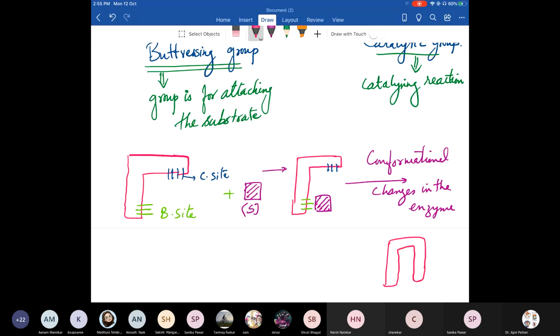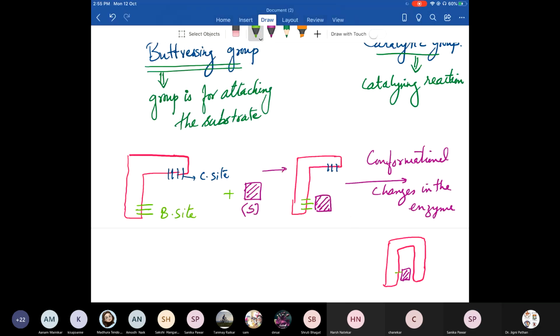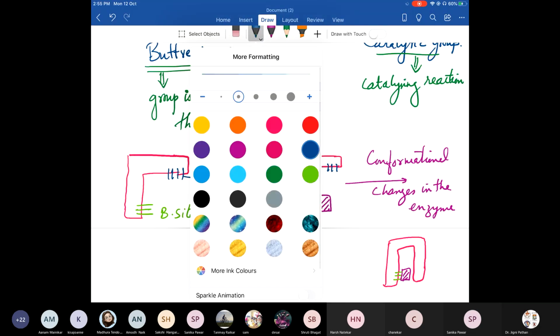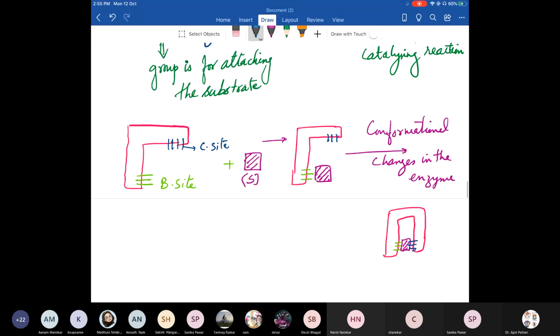They bend, and here in the middle there is substrate binding. Here you have the buttressing site. Here you have the catalytic site. So the catalytic site comes towards the substrate, forming an enzyme substrate complex or enzyme product complex.